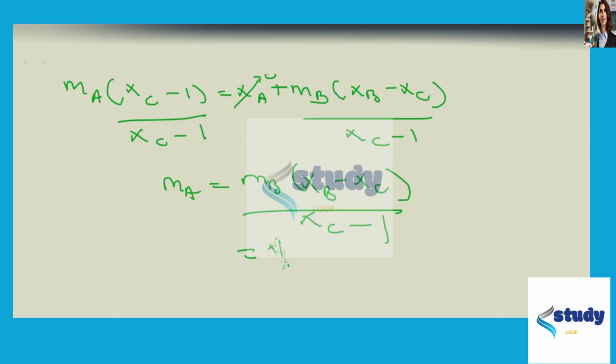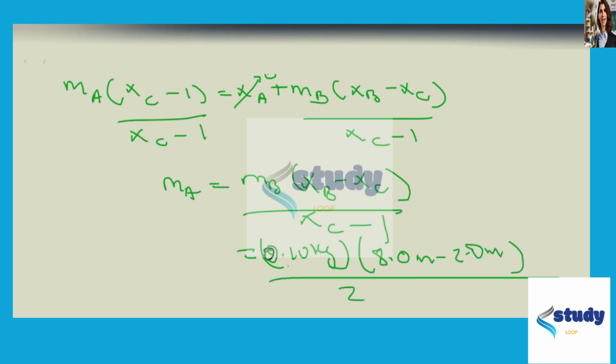This is MB, happens to be 0.10 kilograms, and then XB is 8.0 meters, and then XC is 2.0 meters, and then XC minus 1 is 2.0 meters minus 1.